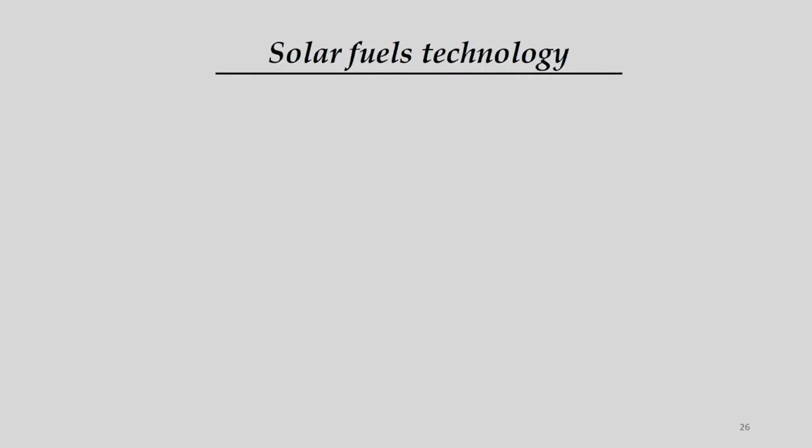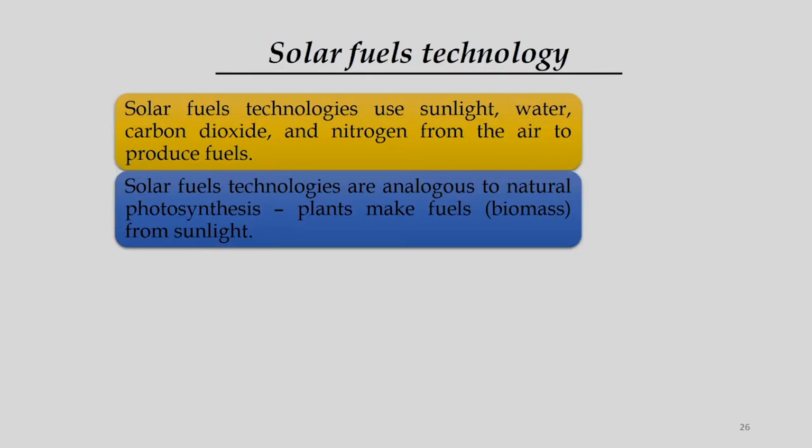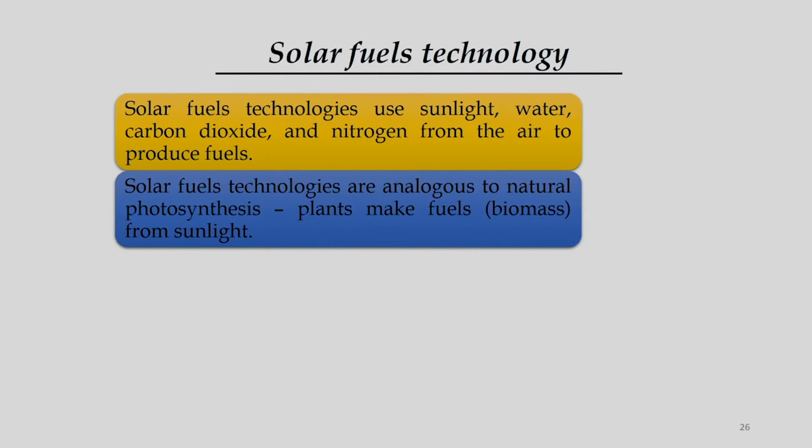Now, coming to solar fuel technology. These solar fuel technologies use sunlight, water, carbon dioxide and nitrogen from the air to produce fuels. Solar fuel technologies are analogous to natural photosynthesis, where plants make fuels from sunlight.